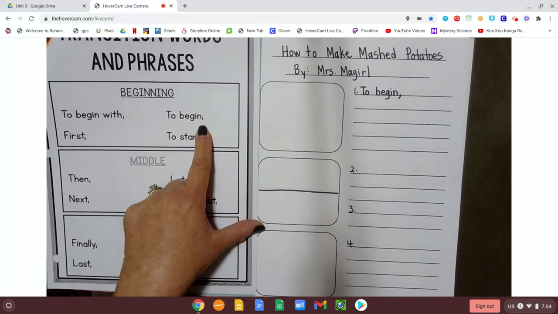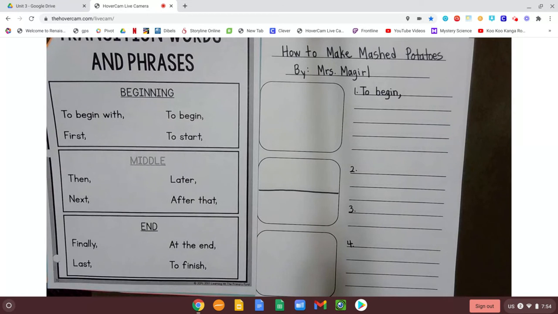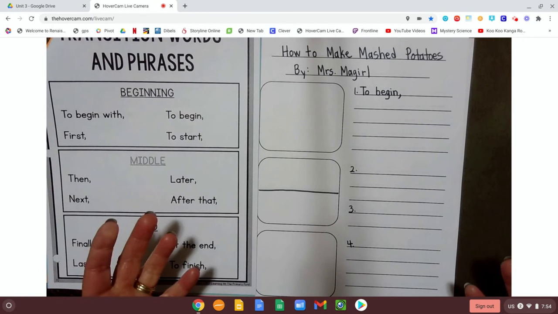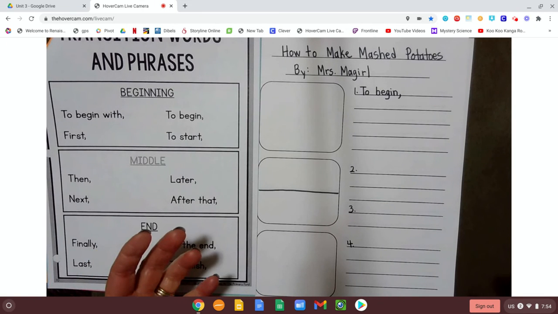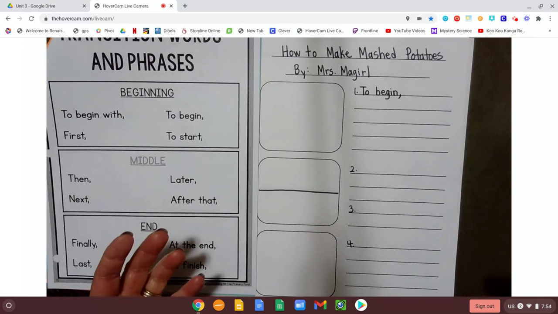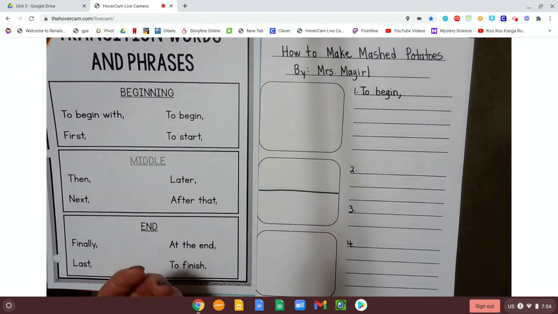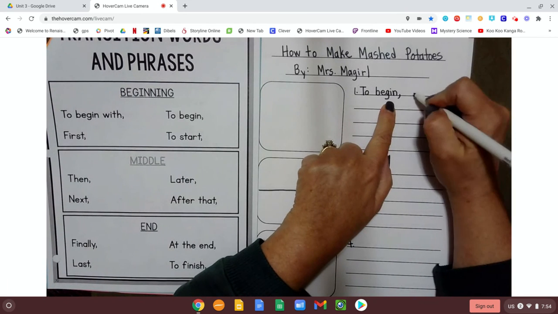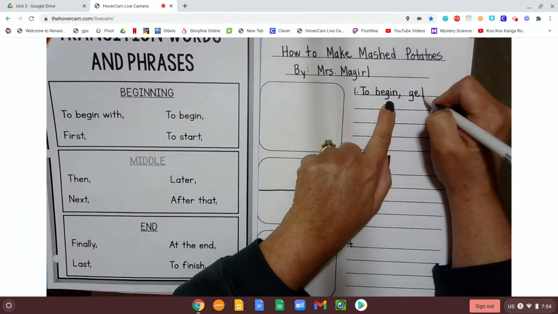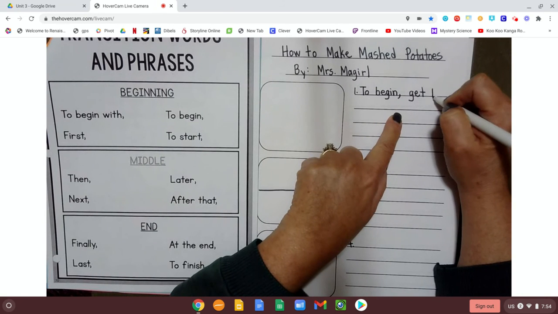Well, I don't know about you, but I get my potatoes and I rinse them so they're nice and clean before I boil them. And you know what else? I peel the skins off because we don't like the brown skins in our mashed potatoes. So, what I'm going to do is first say to begin, get the potatoes.